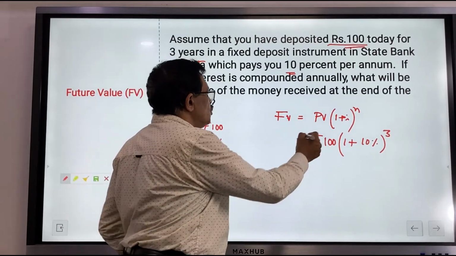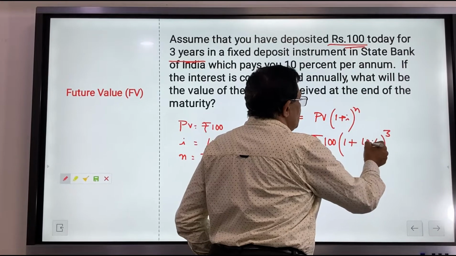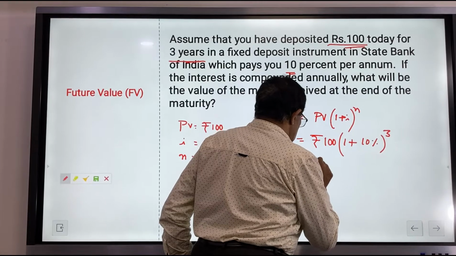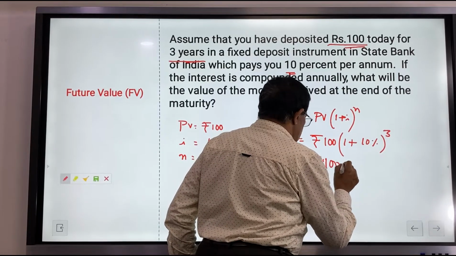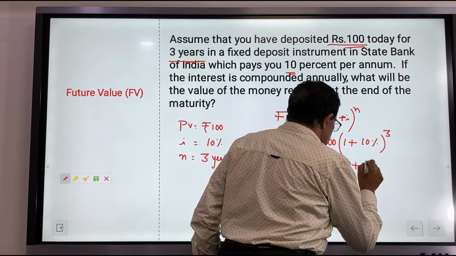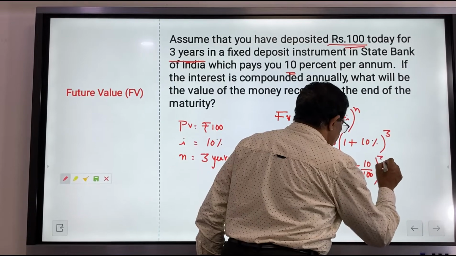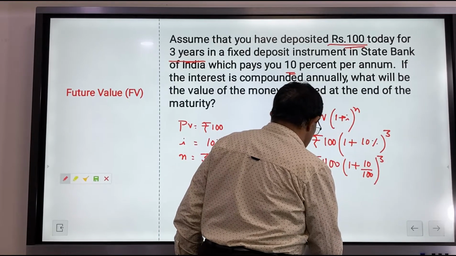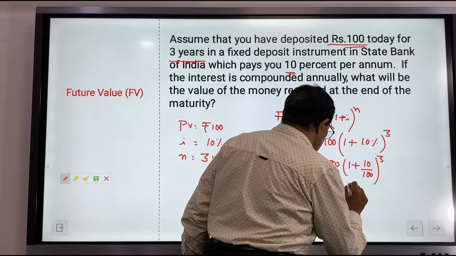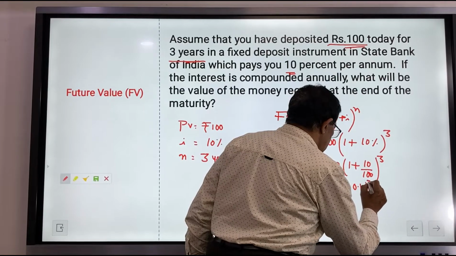So it will be equivalent to 100 into 1 plus 10% whole power of 3. So this is going to be 100 into 1 plus 10 divided by 100 whole power of 3. You can further simplify. This is going to be 100 into 1 plus 0.10 whole power of 3.